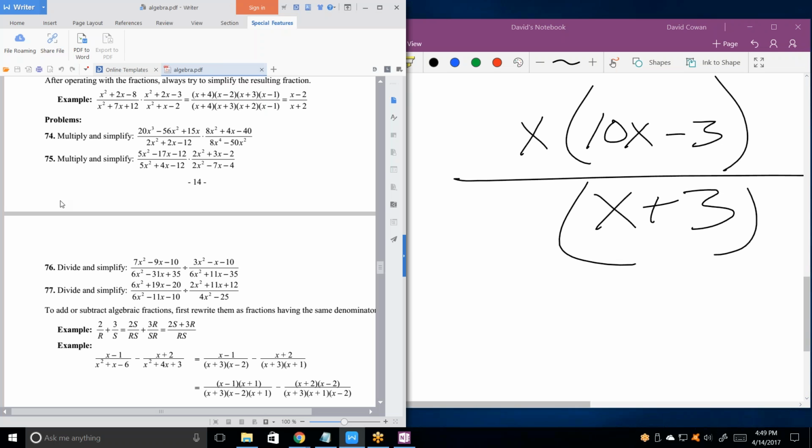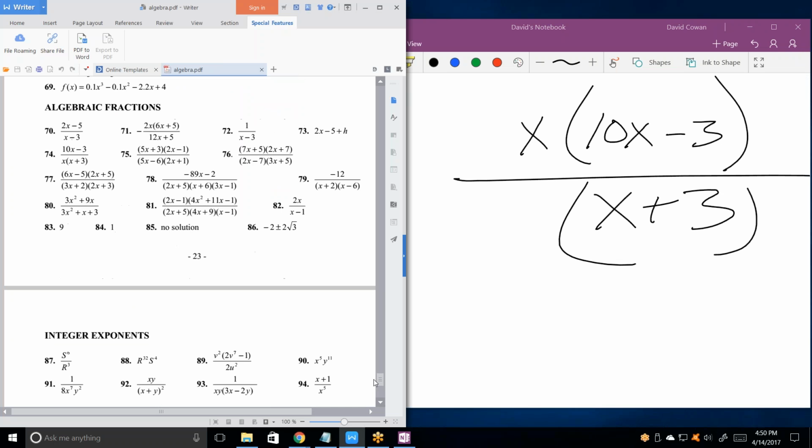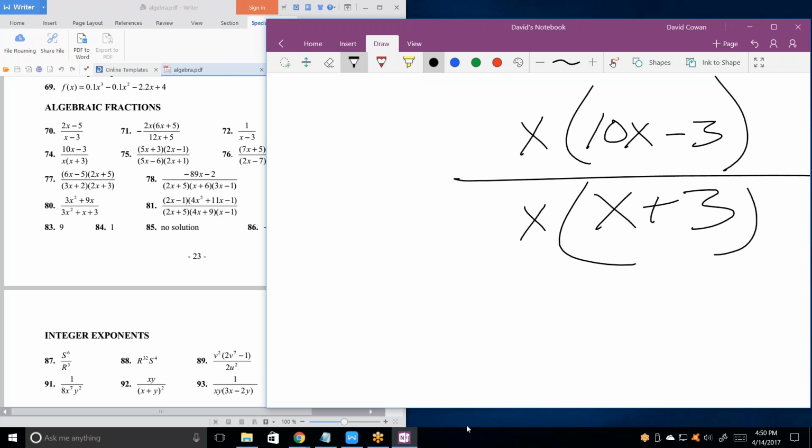Let's take a peek. 74. (10x minus 3 over x times x plus 3). Well, I must have made a mistake in my math. I must have had an x there.